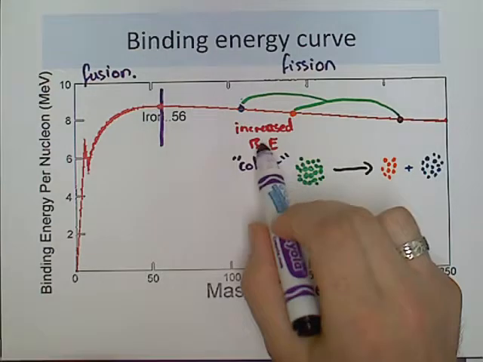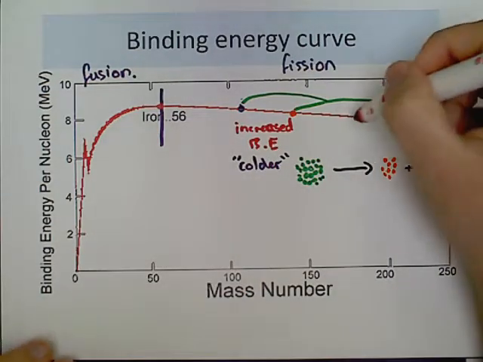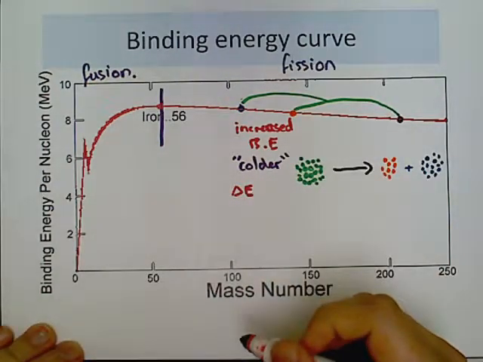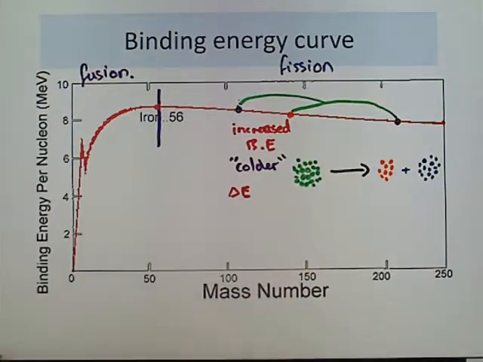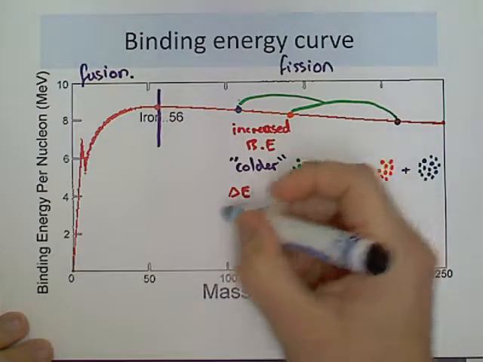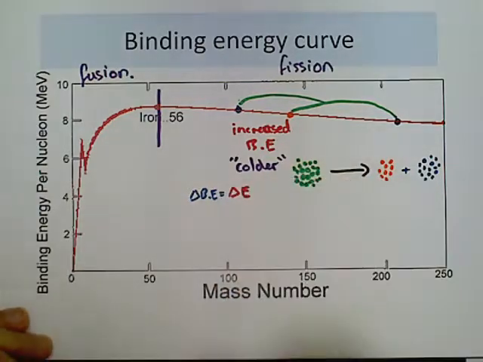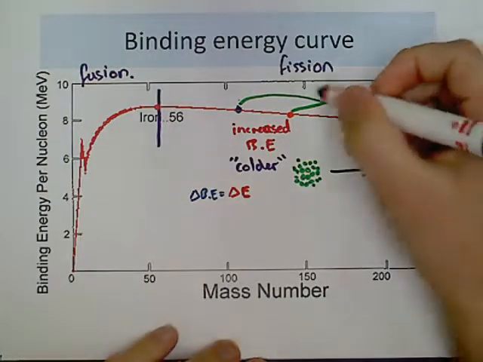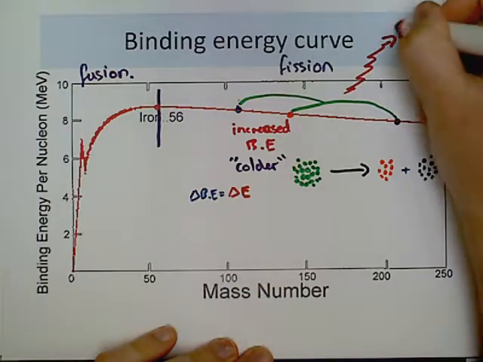And so what happens here is the difference in energy, i.e. the difference in the binding energy that we get here, is going to be equal to the energy that's given off. So the difference in binding energy is equal to the energy that is released as a result of this reaction. So when this reaction takes place, we give off our energy.